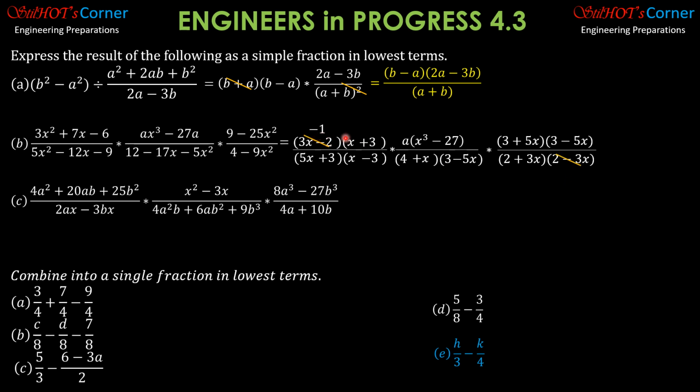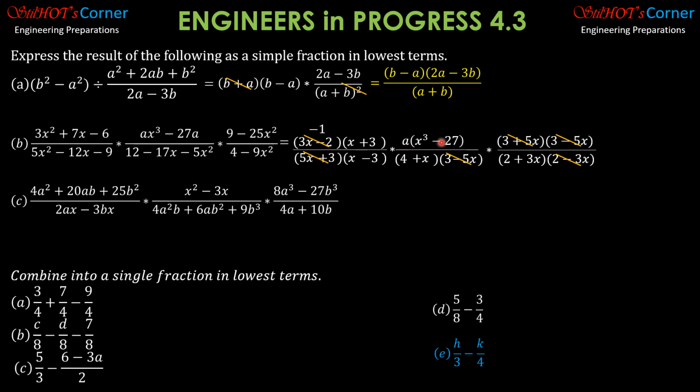Then x plus 3, no. 3 plus 5x and 5x plus 3 are the same, so we can cancel that. 3 minus 5x, we have 3 minus 5x here. So we have negative of quantity x plus 3, then times a, or negative a times x plus 3.